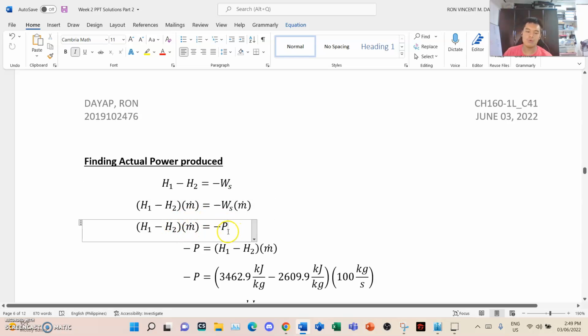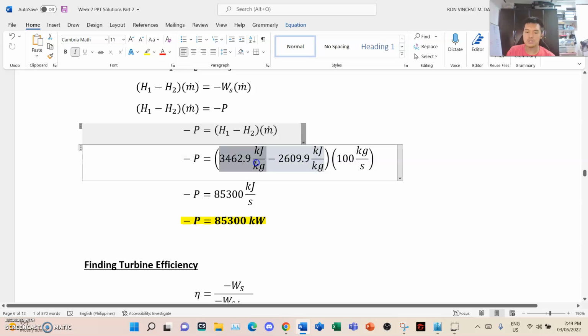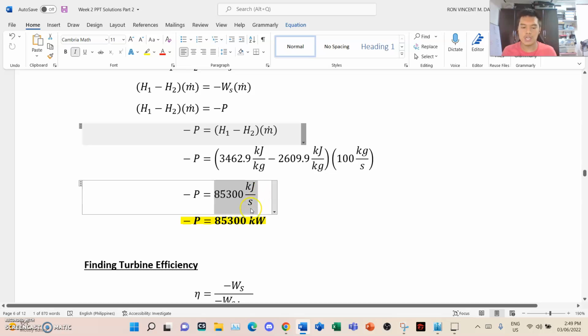So essentially, the power produced in the turbine is simply the inlet enthalpy minus the outlet enthalpy, all multiplied by the mass flow rate. So substituting H1, which we calculated earlier, and H2 at actual conditions, we found out that the true actual power produced is 85,300 kilojoules per second, or 85,300 kilowatts.